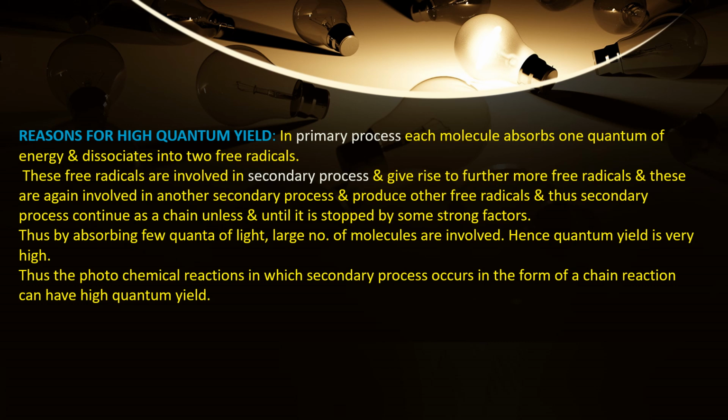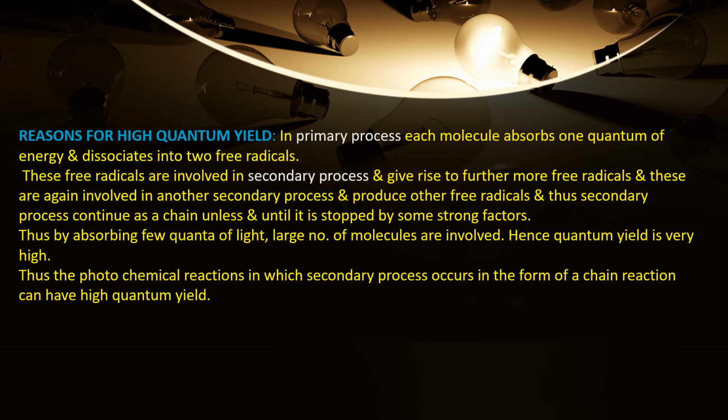The free radicals produced in the primary process involve in the secondary process and give rise to furthermore free radicals. These are again involved in another secondary process, produce more free radicals. That means secondary process is taking place in the form of a chain.